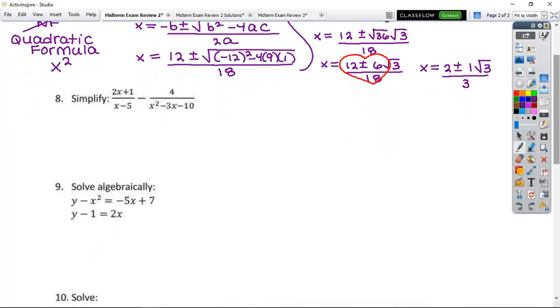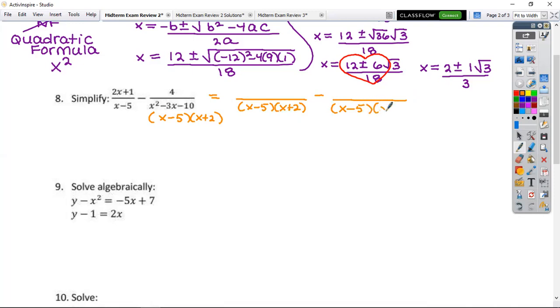This is a common denominator question, but you first must factor this. You're going to factor this into x minus 5 and x plus 2, indicating that your denominators are going to be one of each factor. And you have to leave it because this problem did not initially have an equal sign on it.